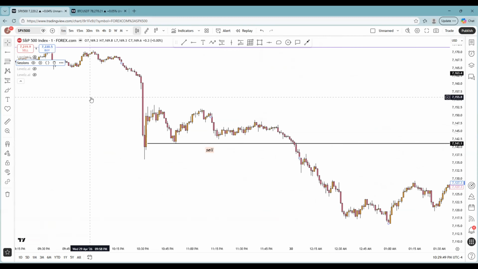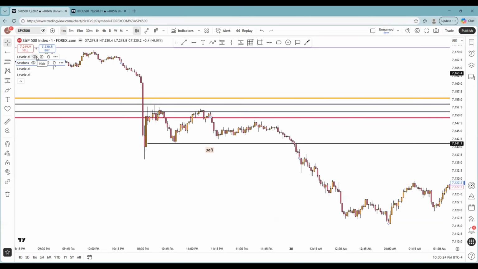I have the Asian session, the New York session, and the London session all preset in my settings. So I click these buttons and they're going to pop up depending on whatever session I'm in. Right here, it's obviously not that one, because I clicked these two on and nothing popped up, which means it's not in the right session.